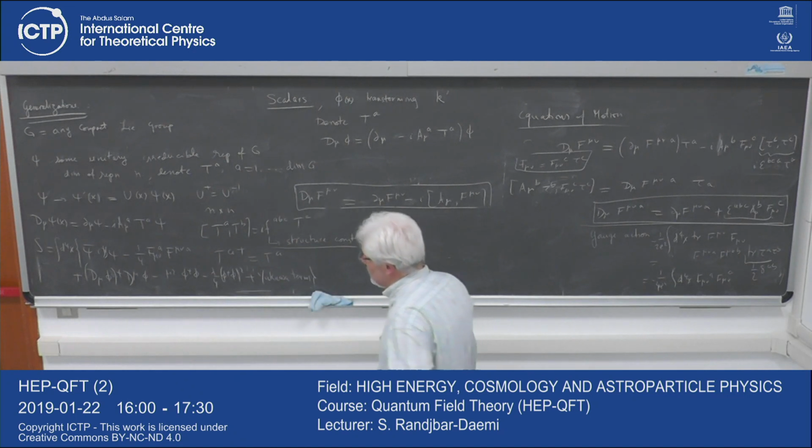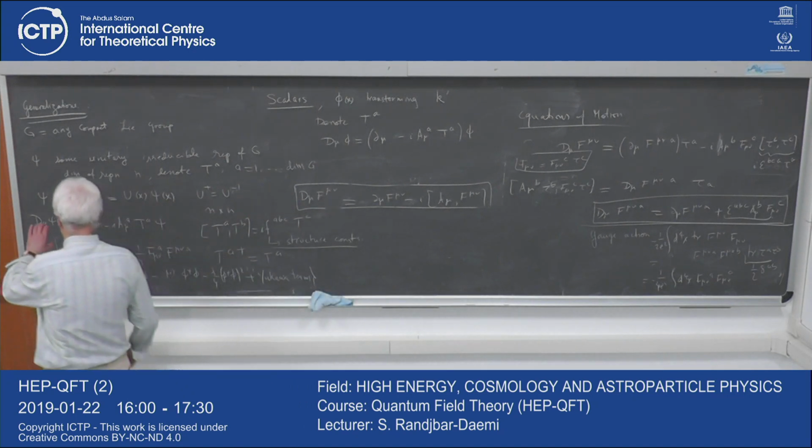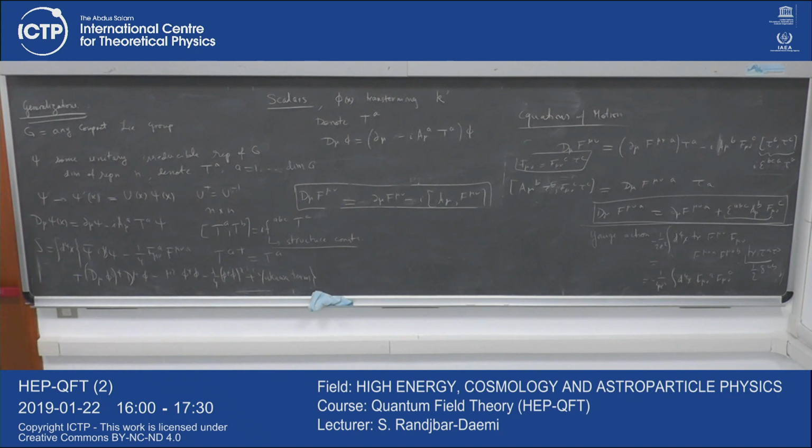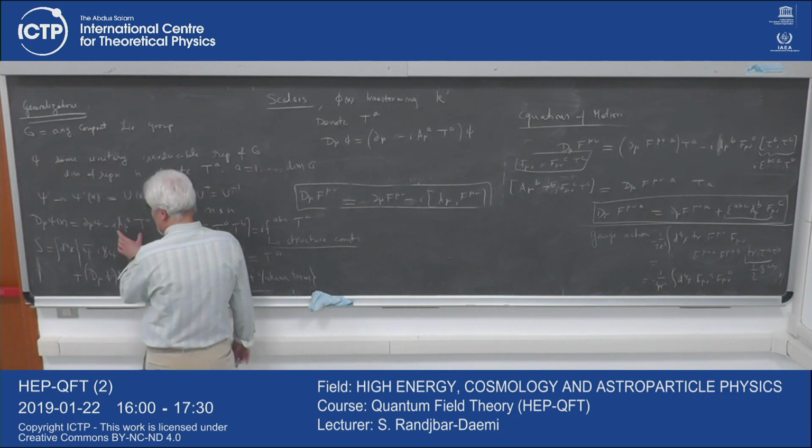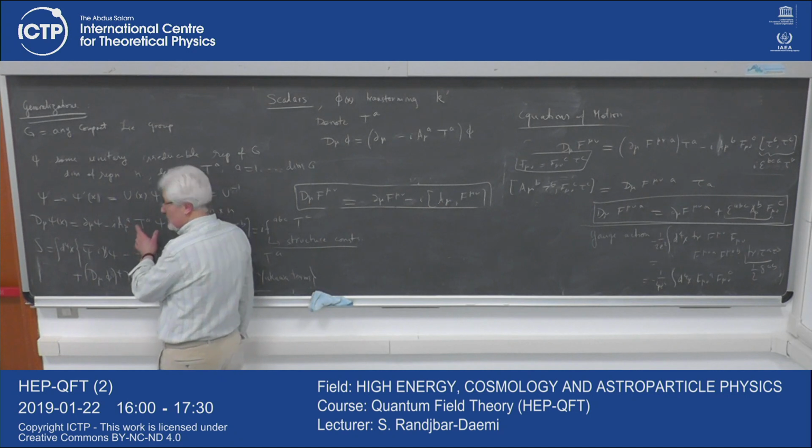So this is the general scheme. Whatever transforms in some representation of the group, you define a covariant derivative, which is the ordinary derivative plus a connection term, a gauge field term. And this gauge field is always in the Lie algebra corresponding to that representation.